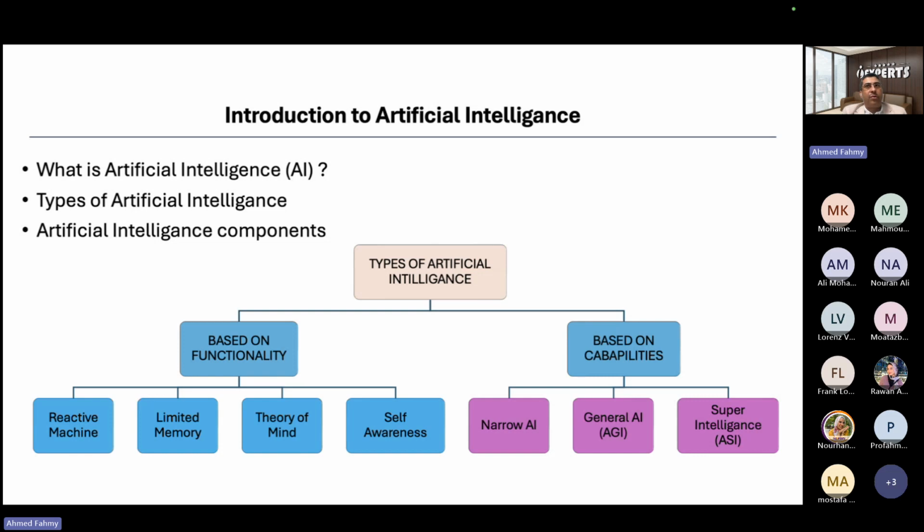Those who are trying to extend the boundaries beyond what the designers or the programmers have put in place in order to maintain or to develop these machines. Super intelligence is the concept that humans are trying to actually create a machine that surpasses human activities.